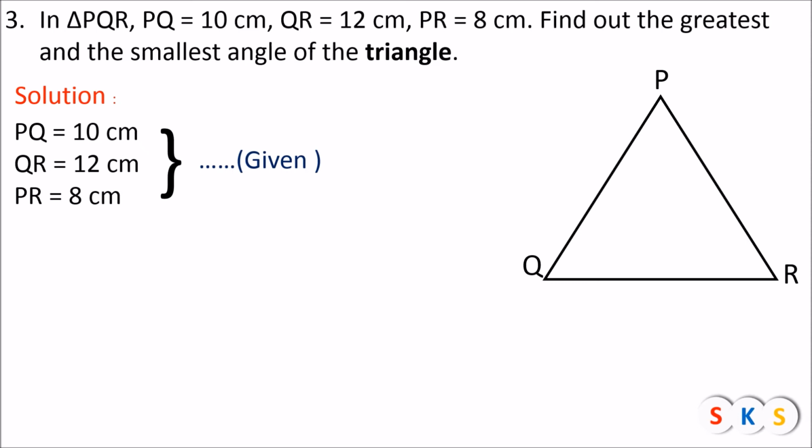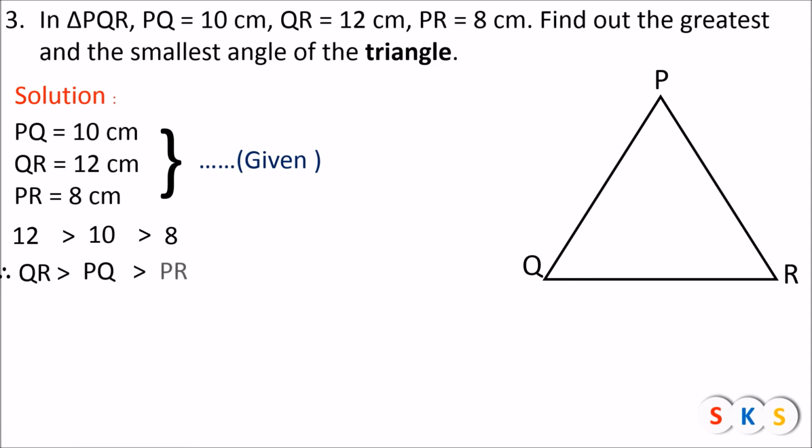Now with the help of this length, we can arrange sides of this triangle in descending order. 12 centimeter is the length of QR, 10 centimeter is the length of PQ, and 8 centimeter is length of PR. So we get QR is greater than PQ and PQ is greater than PR.